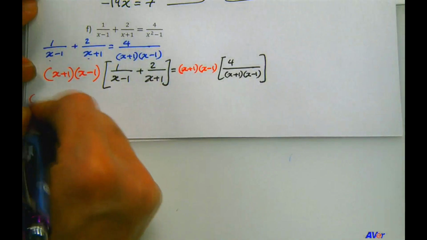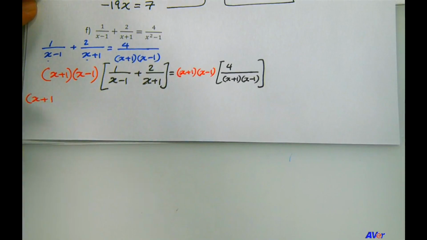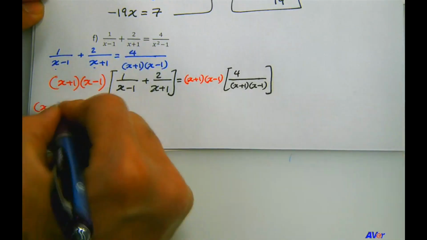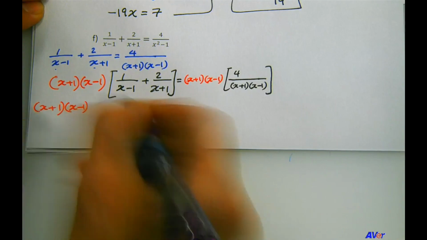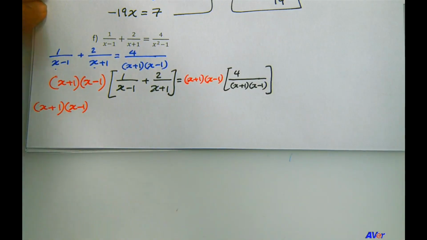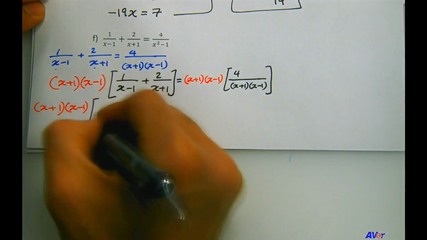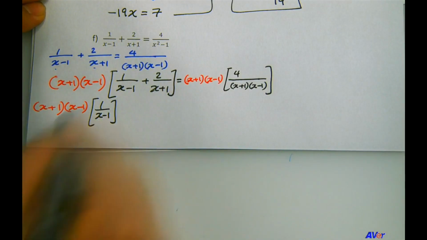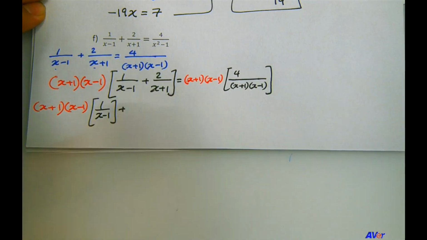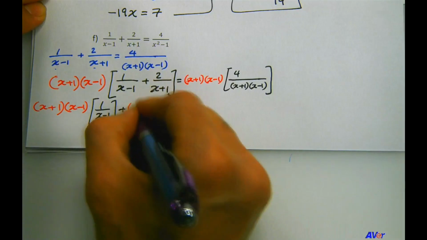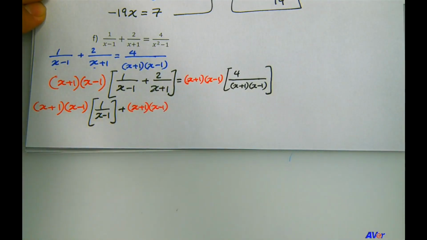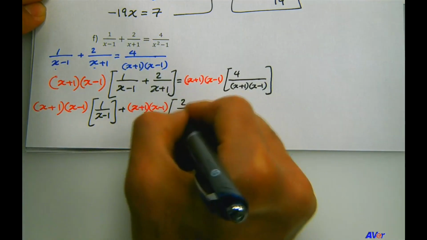So x plus 1 times x minus 1 times 1 over x minus 1. There, I've distributed it to the first term. Then plus x plus 1 times x minus 1 times 2 over x plus 1.